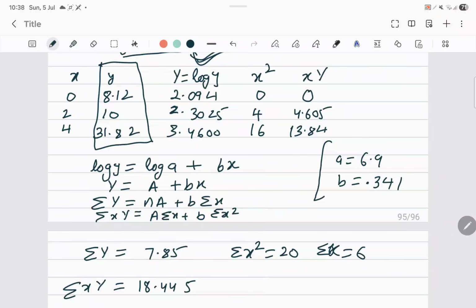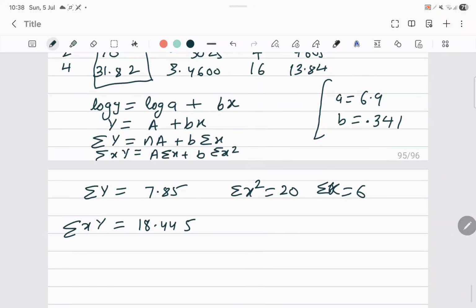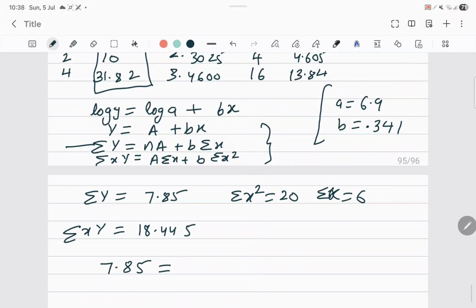Okay. Now what I'll do, I'll substitute these values in the normal equation. So my first normal equation says summation y means 7.85 is equal to n means how many values are given? 3.